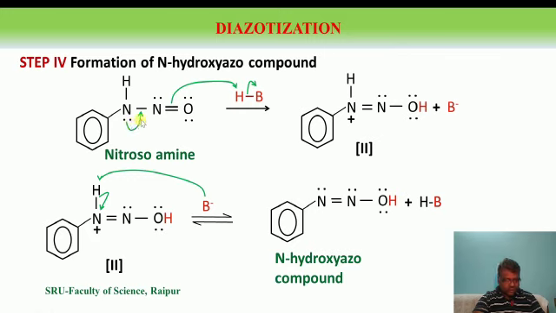Electron on nitrogen falls down between the two nitrogen and electron in the inner bond of nitrogen grabs H from Hb and electron on Hb jumps on B to produce B minus and compound second as final product, and B minus present in the reaction grabs the H of compound second and leaves behind the electron to nitrogen to produce an N-hydroxyazo compound.